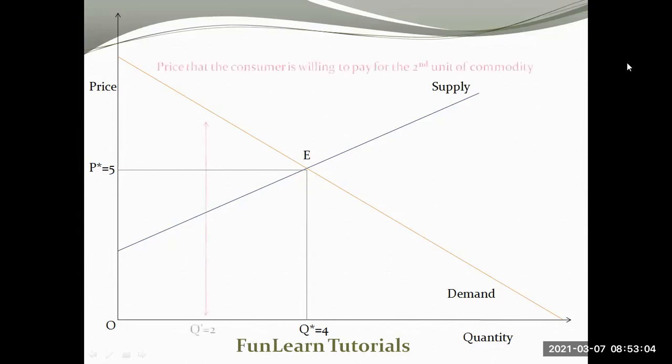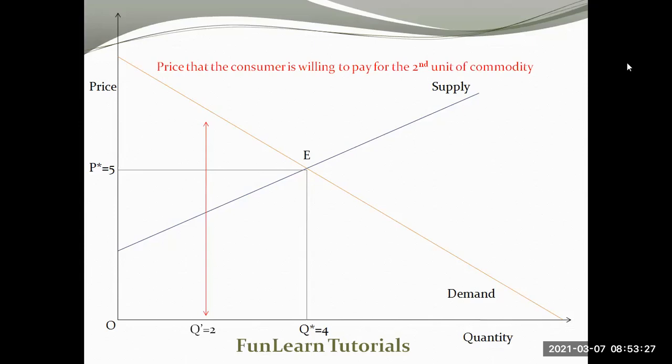Let's look at first the demand side of the market. So what is the definition of demand? The demand curve essentially shows the amount that is being demanded by consumers at a given price level, which would ensure that we are moving from price to quantity demanded.